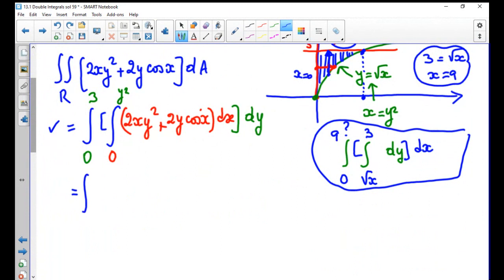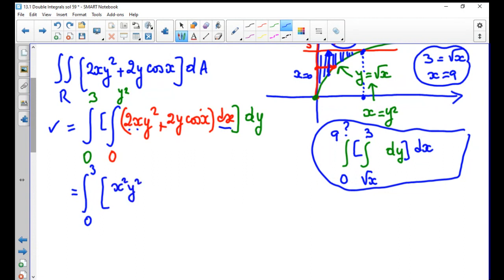So let's complete this. Now, the integral with respect to x, you have a 2x here. So what will be the integral? Yep, x squared, thank you, y squared.